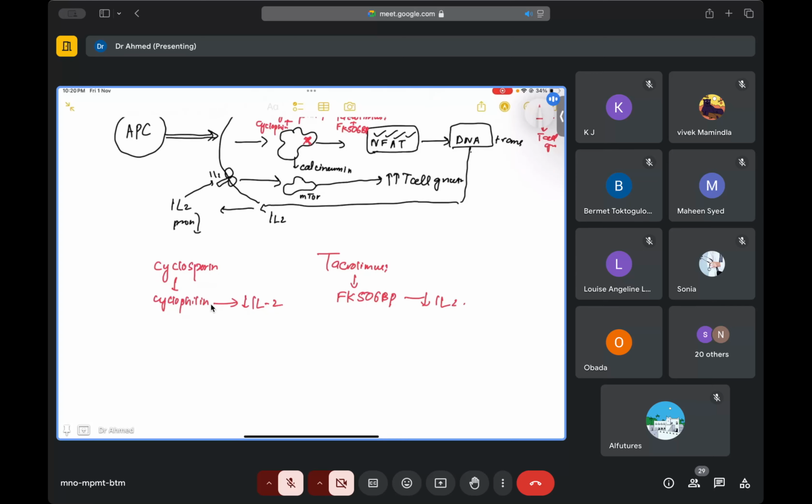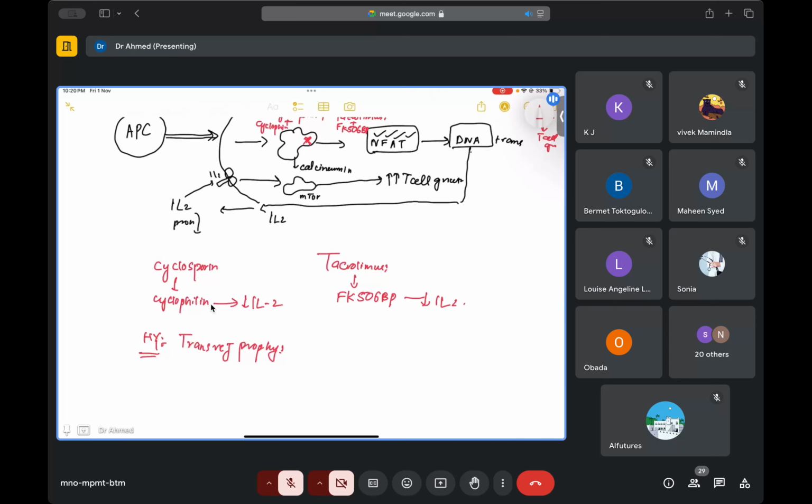Let's discuss some of the high yield indications. Basically we give them in transplant rejection prophylaxis. Like we have already discussed, during transplantation you can have phenomena of rejection. So before transplantation, we suppress their immunity in order to have less chances of rejection.